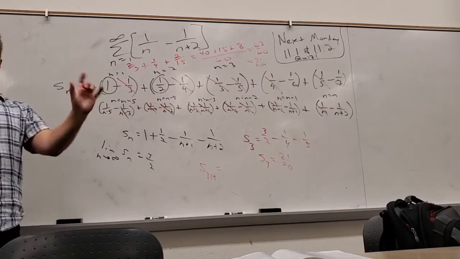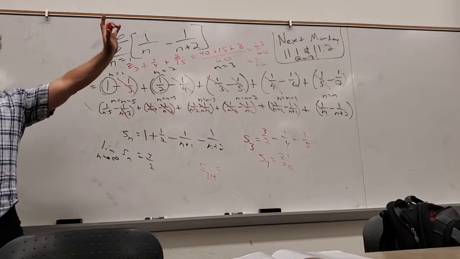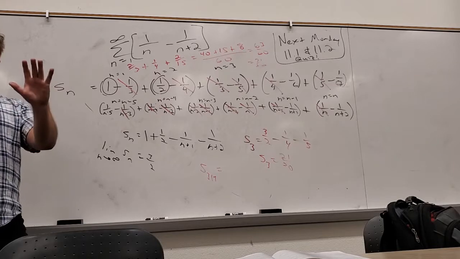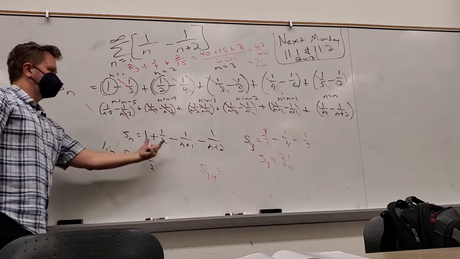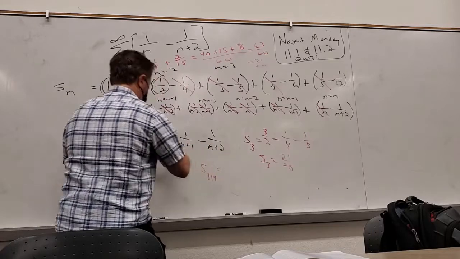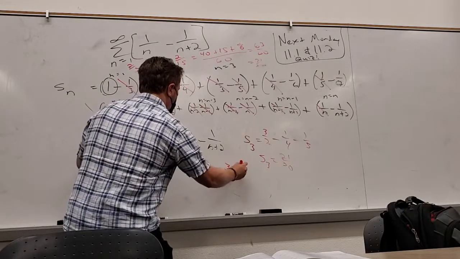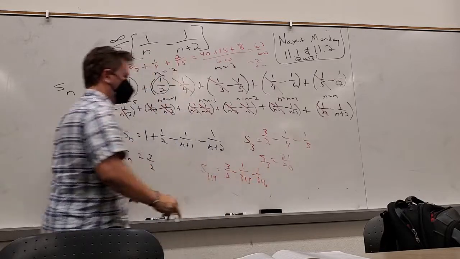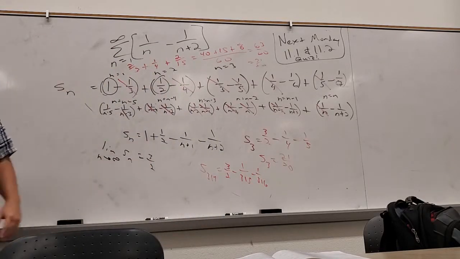You can do that, totally legit. If you want to do that, you're an interesting case study. I'd much rather use this. So S314 would be 3/2 minus 1/315 minus 1/316, and somebody could calculate that for me.